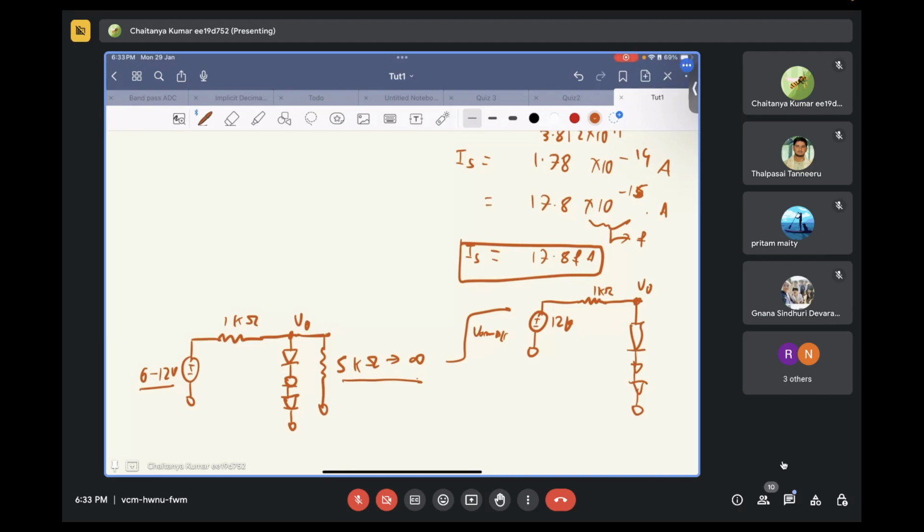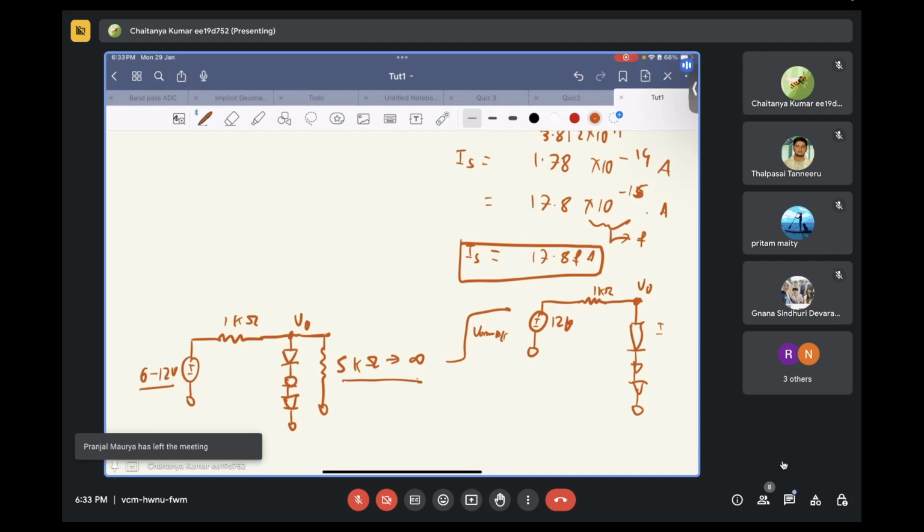Okay. So now see, one way to solve this is to actually solve the nonlinear equation, basically ID is equal to Is times e to the power V naught by 3 Vt, and compare it with the 1 kilo ohm resistance. But that will be a very cumbersome way to solve this problem.